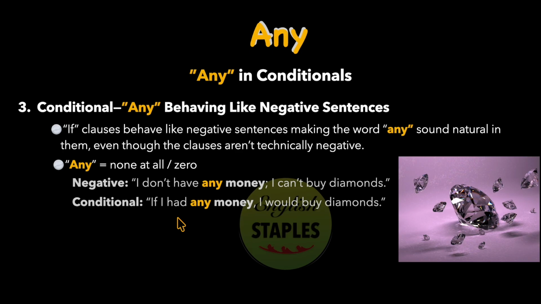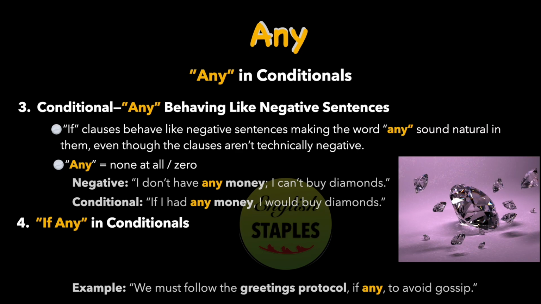Do you see this? The negative: I don't have any money. I can't buy diamonds. The conditional: if I had any money, I would buy diamonds. It sounds just as negative.